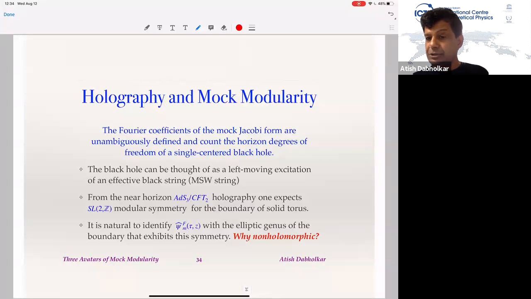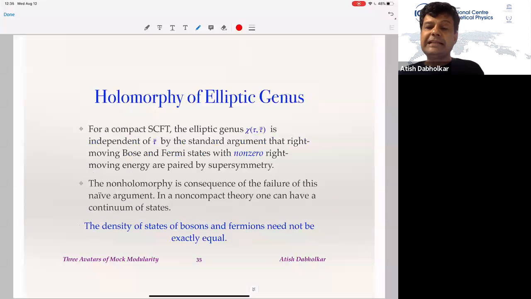So it is natural to identify, actually this identification has still not been done explicitly. It's a very interesting problem and we have been working on it a little bit. You can think of the elliptic genus of this conformal field theory of this AdS3, and that should be the mock Jacobi form. So therefore mock Jacobi forms, which are some new objects which were introduced in our paper, should be the natural objects. And as we will see, it is related to the fact that the boundary conformal field theory is non-compact.